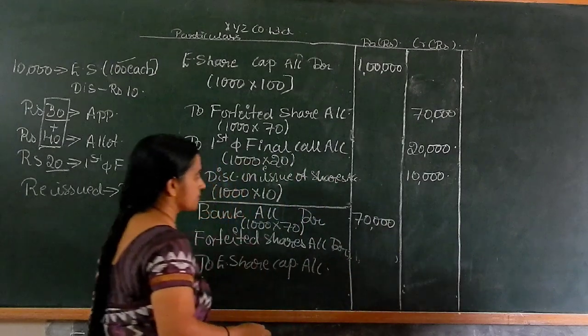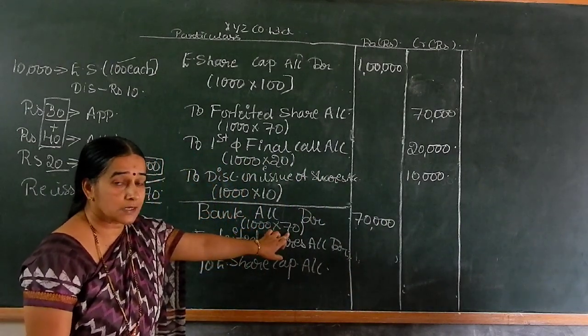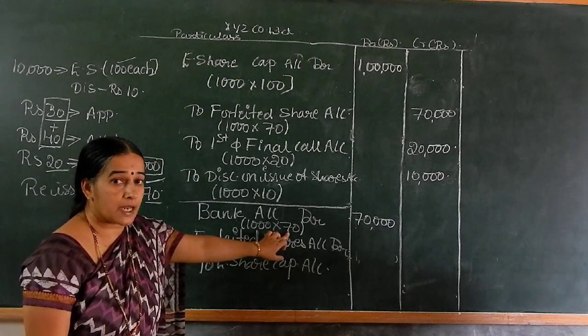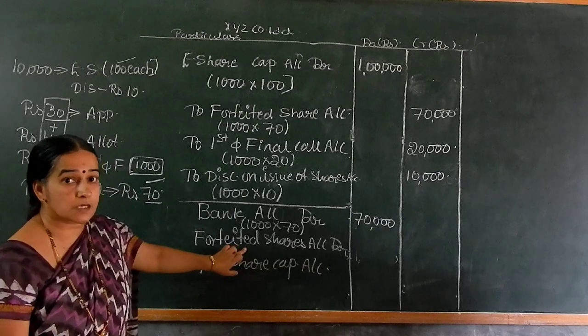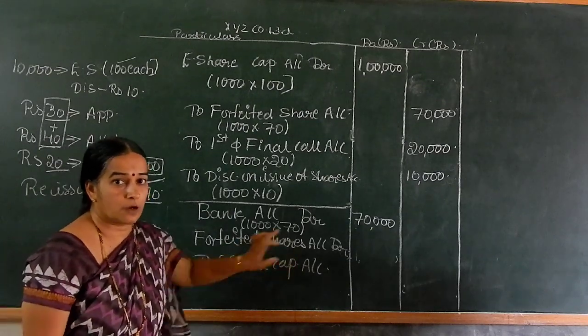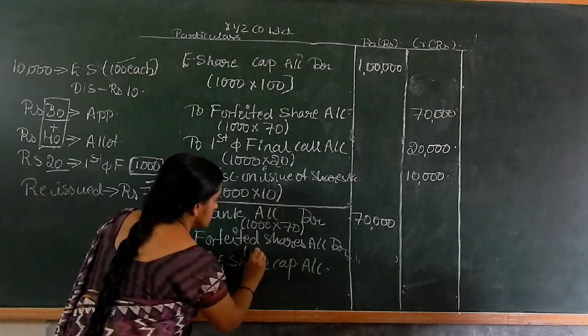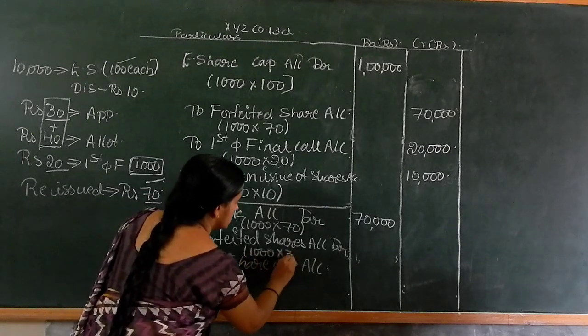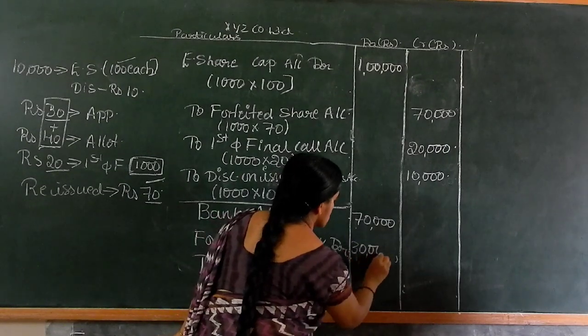Now 100 rupee shares are issued at rupees 70, which means what is the discount allowed? The discount allowed is 30, and that will be transferred to which account? That is forfeited shares account. So how to calculate the amount for forfeited shares? 1000 into 30, that is 30,000.